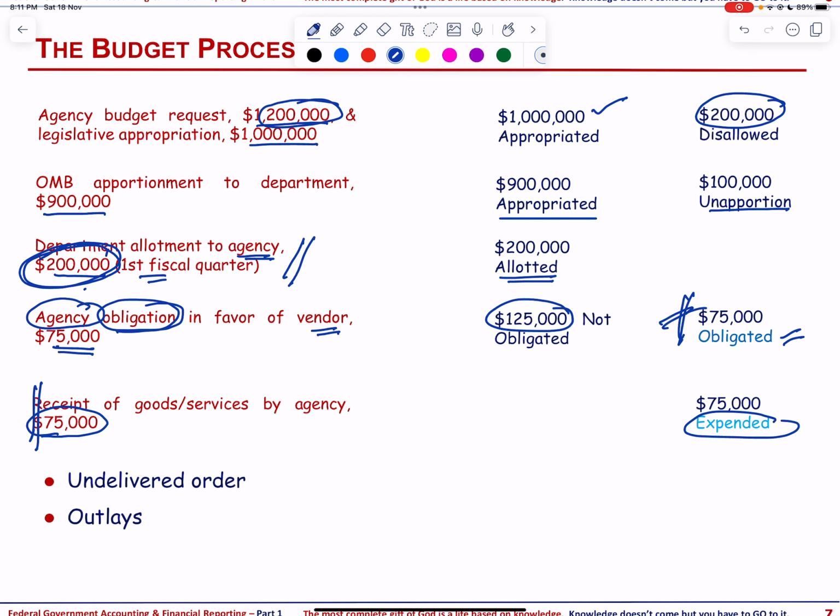And once the goods or services are received, the undelivered order becomes a delivered order unpaid. The agency does not make a direct payment; rather, it requests the treasury to make payment by sending it a disbursement schedule. When the treasury notifies the agency that payment has been made, the order becomes a delivered order paid.